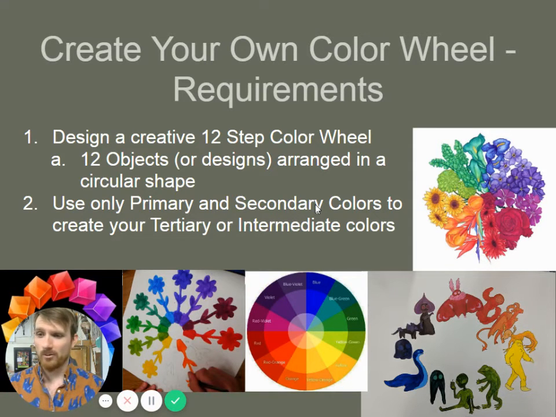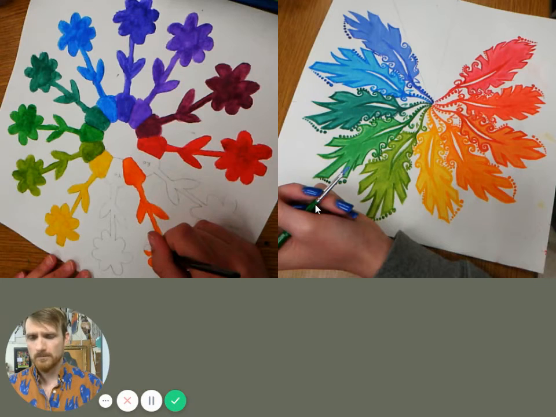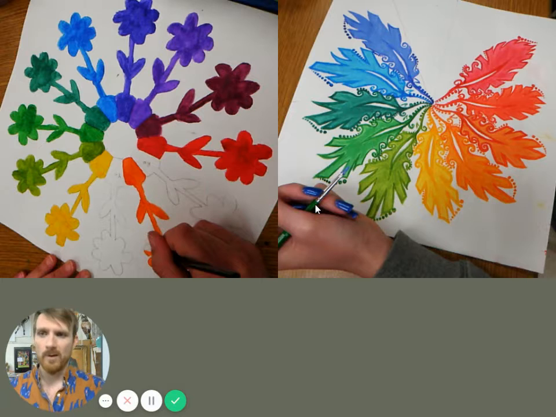There is one other route that you can go with this if you want, and I'll show you that in a second. But first I want to show you a few painted, creative, individual color wheels. The student on the left is using flowers. The student on the right is creating feathers. But we are still creating this with 12 spots moving around so that we have all of our primary, secondary, and intermediate colors.